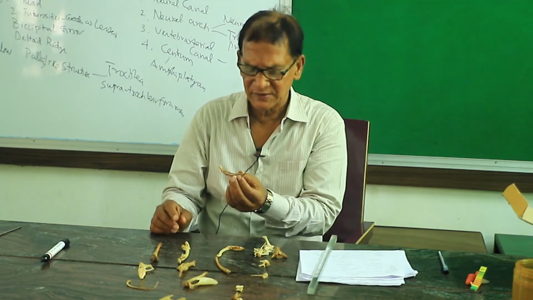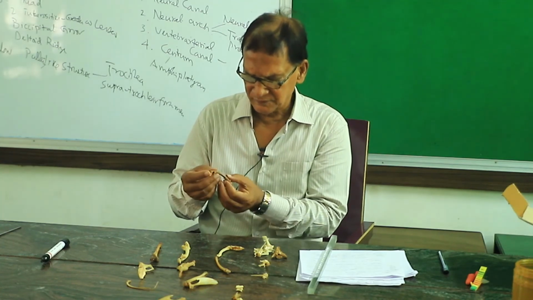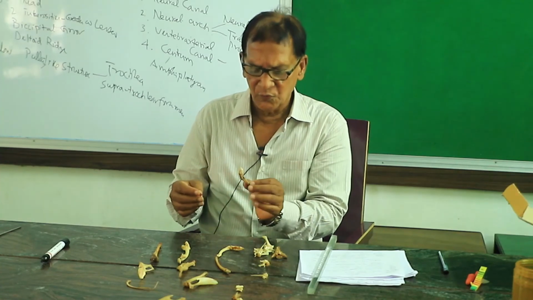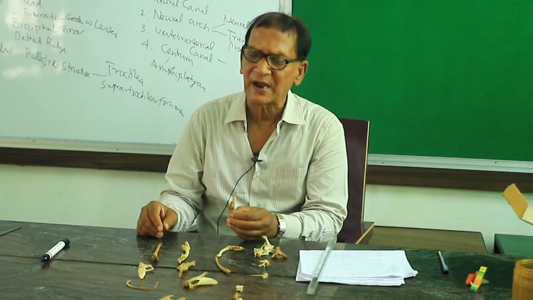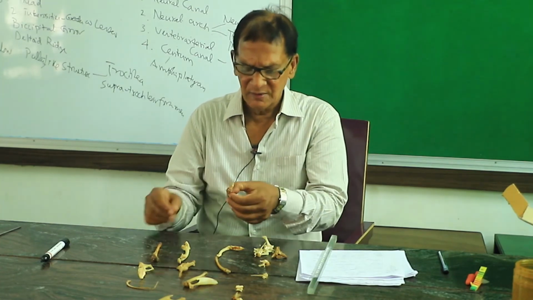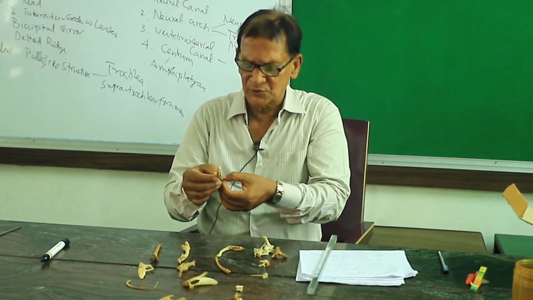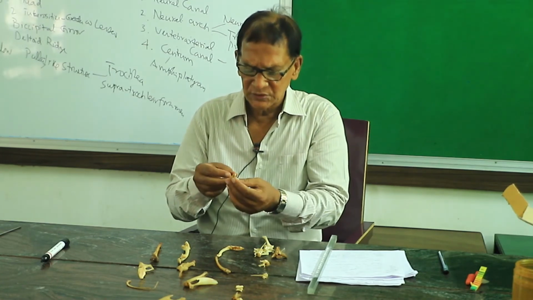Then we have the sole region. In the sole region we have 4 metatarsals, because the number of toes in the hind limb of rabbit is only 4. So we have 4 metatarsals, long slender bones. Then we have these toes.